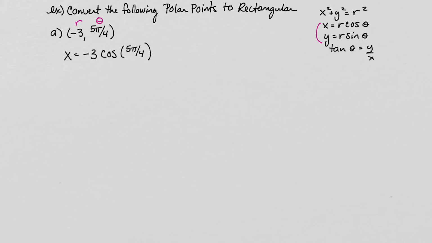And if I work out what that is, so I have negative 3, the cosine of 5 pi over 4 is what?